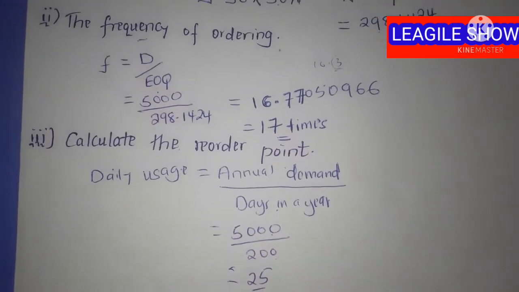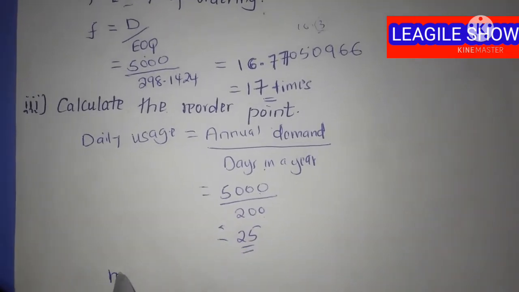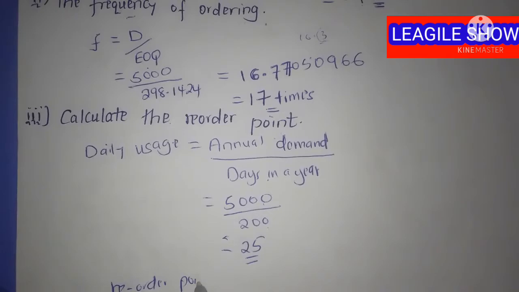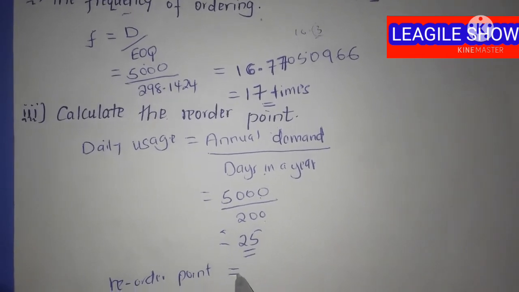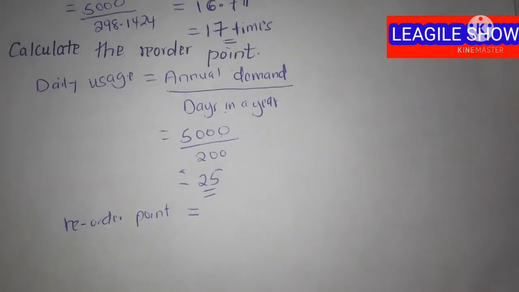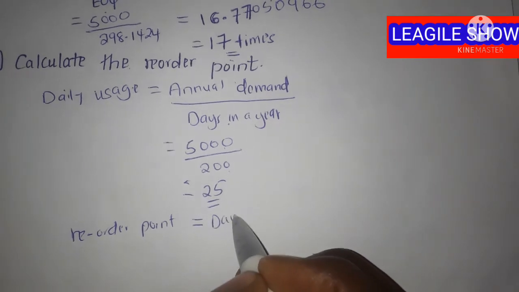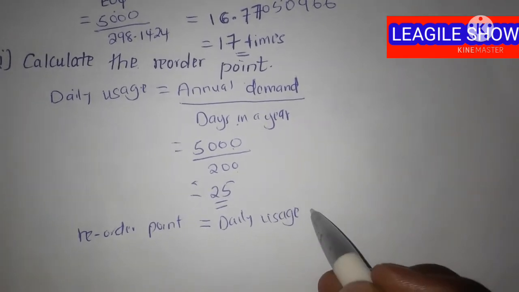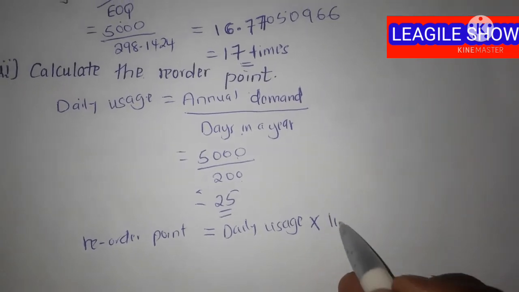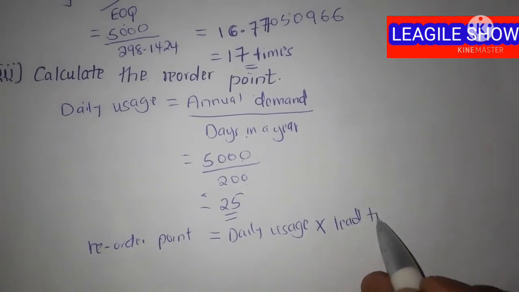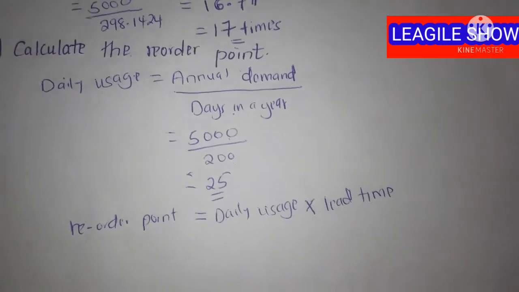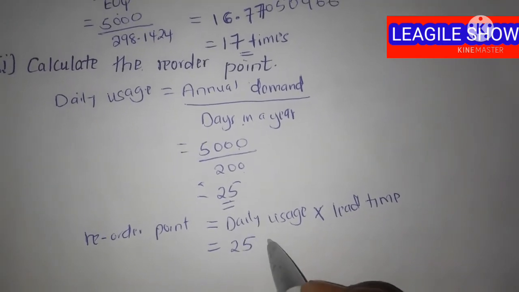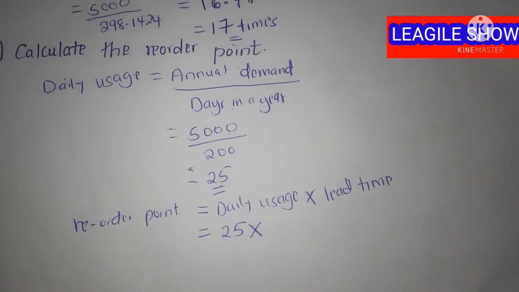How do we get the reorder point? The reorder point is given by daily usage times lead time. Now the daily usage is 25, times our lead time.